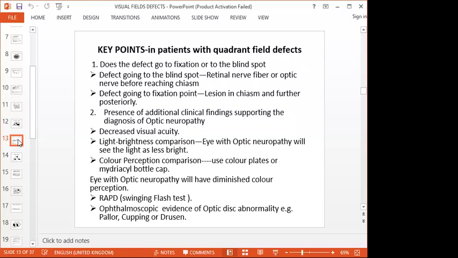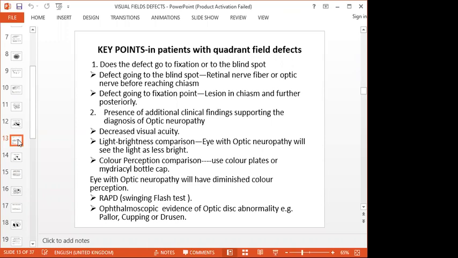Defect going to fixation means a lesion in the chiasm and further posterior. Where is the lesion? This is how we work it out.